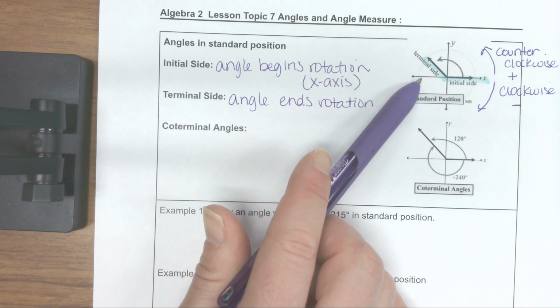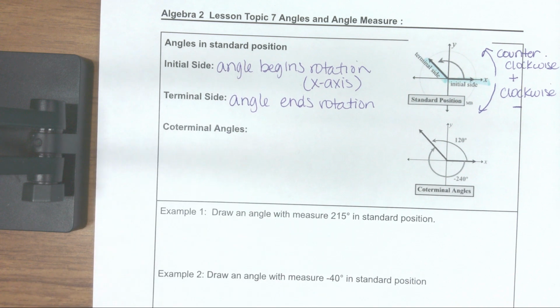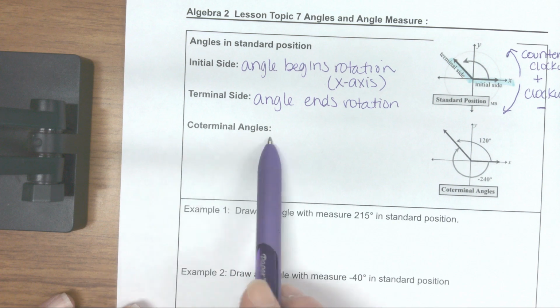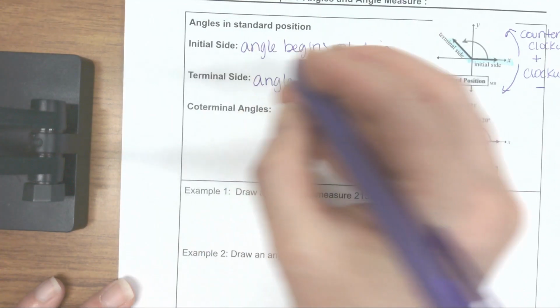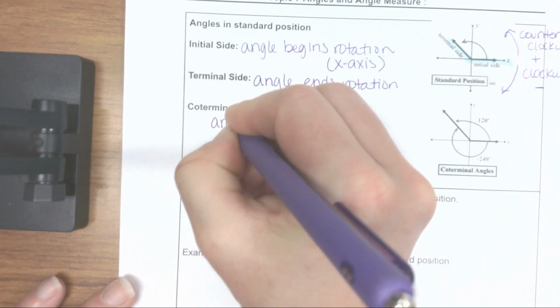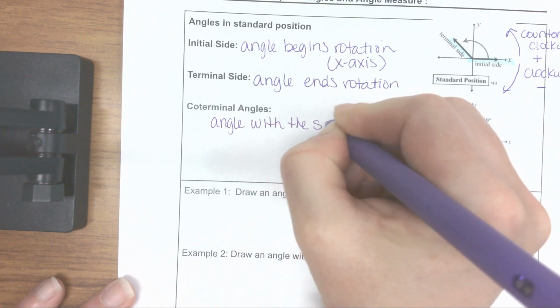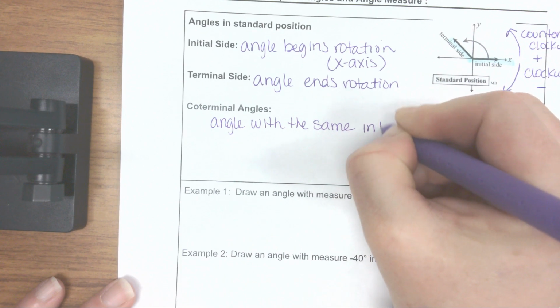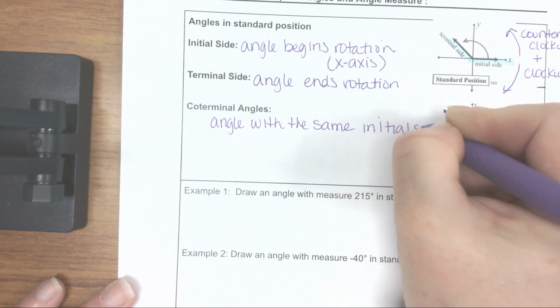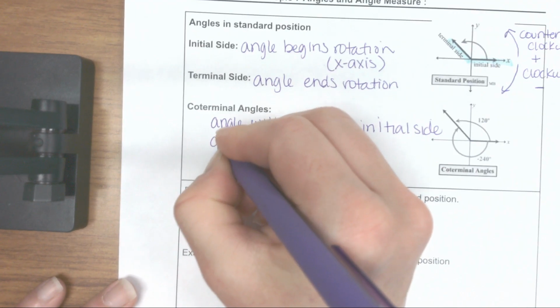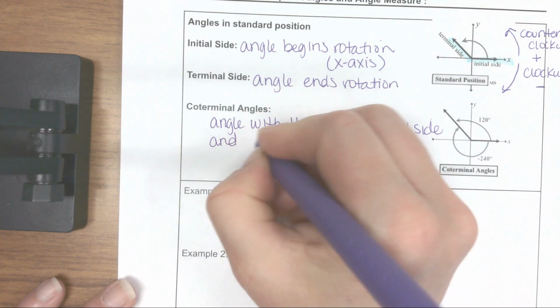So there are multiple ways that we can express the same angle. These are called coterminal angles. A coterminal angle is an angle with the same initial side and the same terminal side.